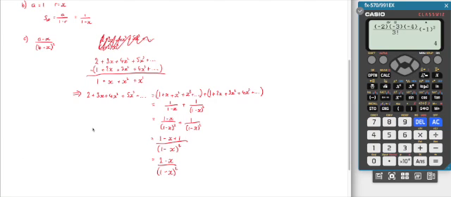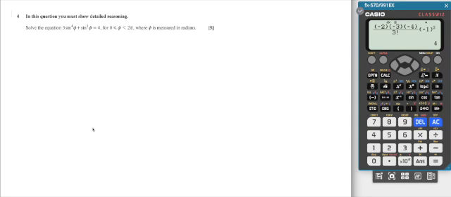Okay, so moving on. Question 4. Detailed reasoning. Solve the equation 3 sine to the power of 4 plus sine squared equals 4. First job, that looks like a hidden quadratic. So let's solve the hidden quadratic.